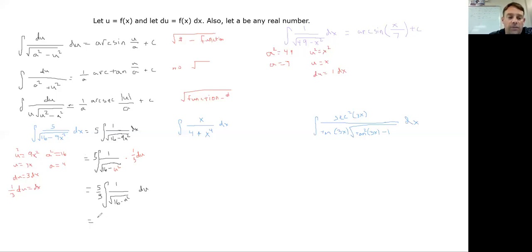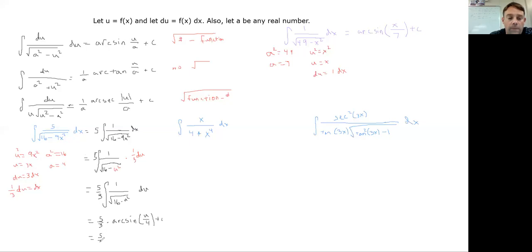I can see it now. I have a 5/3 out in front times arcsine of u over 4 plus c. And then we got to get our u out of there. So we still are going to use U-substitution.